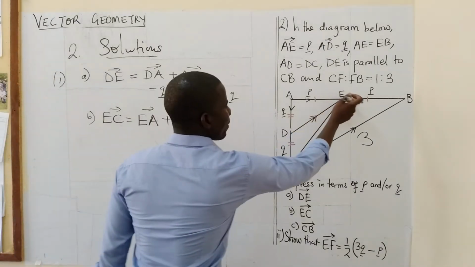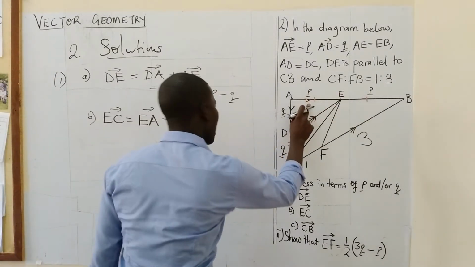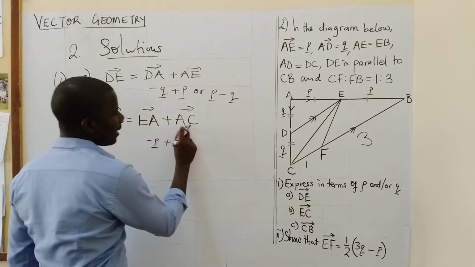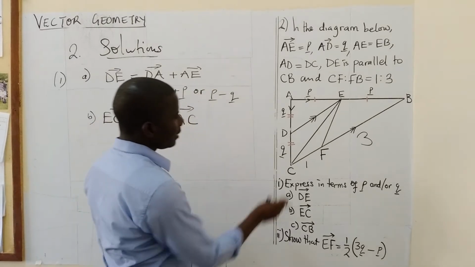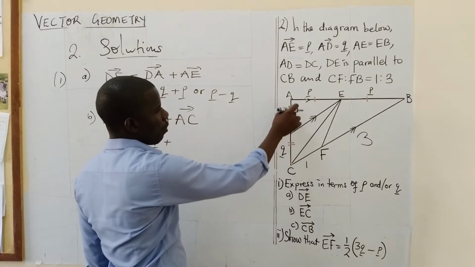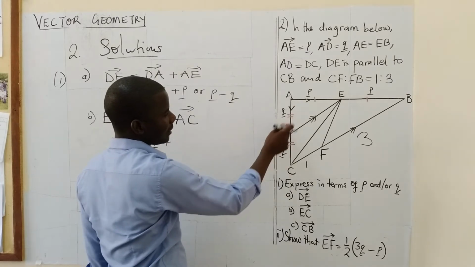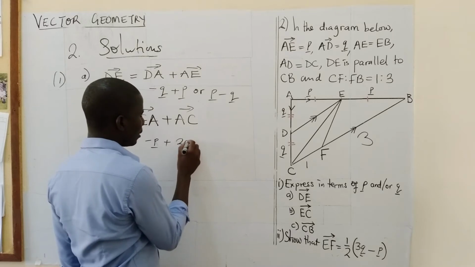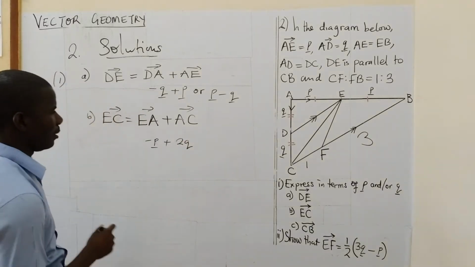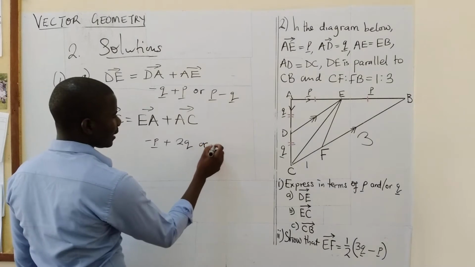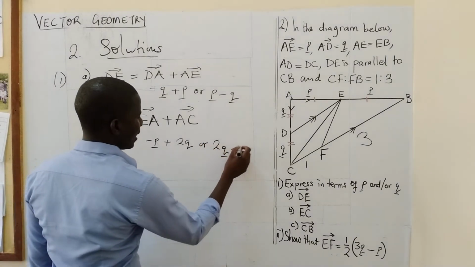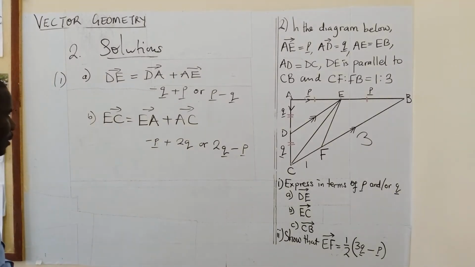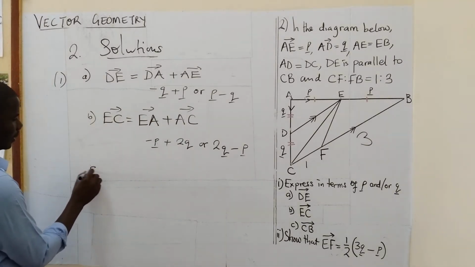Our EA, we are going in the opposite direction of this arrow, so we have minus P plus, what is our AC? Our AC is the combination of AD and DC, so we need to add these two. We get 2Q. That is our AC, which we can also write as 2Q minus P.